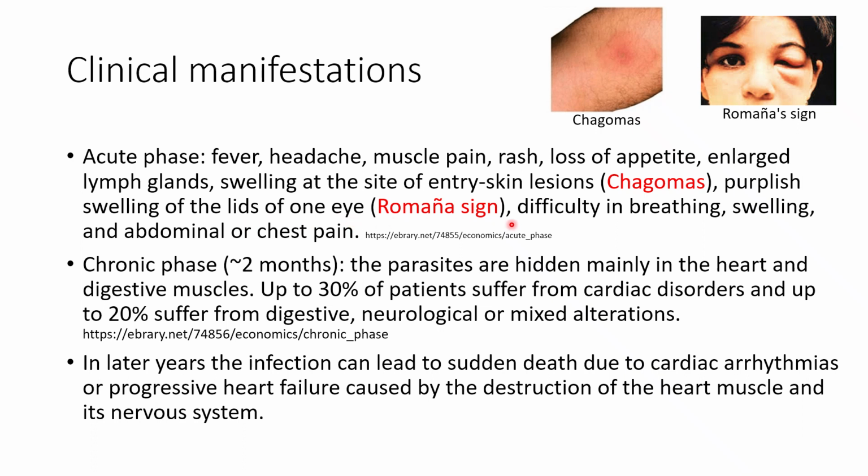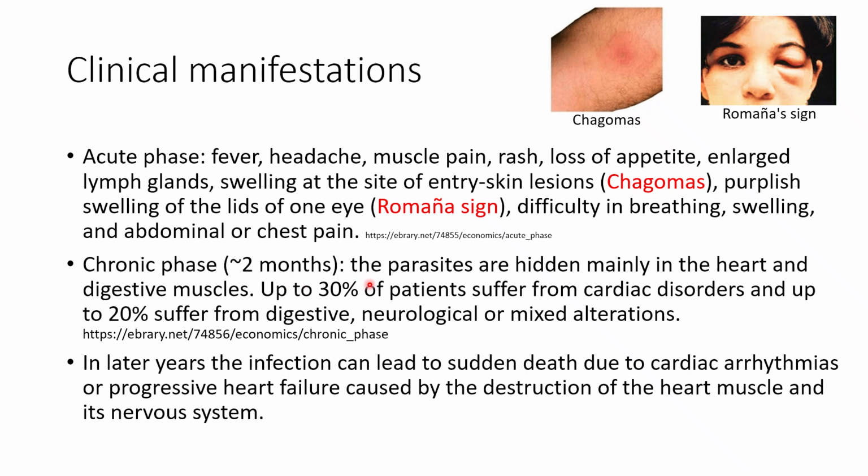The patient may also have difficulty breathing, swelling at other points of entry, and abdominal and chest pains. If these symptoms prolong or go without treatment, you will go into the chronic phase after 2 months.